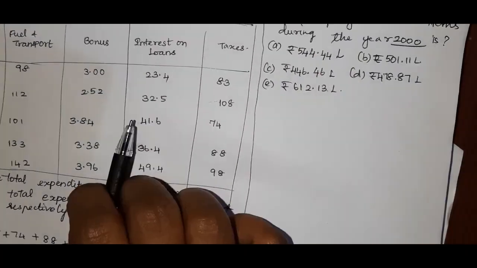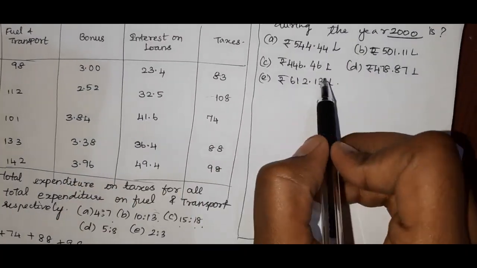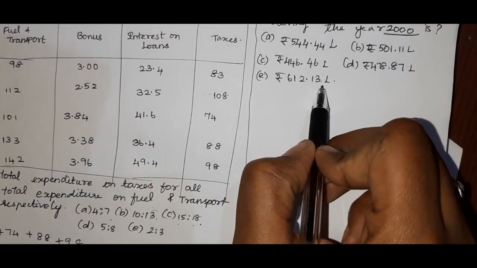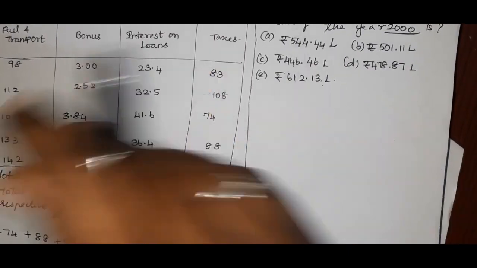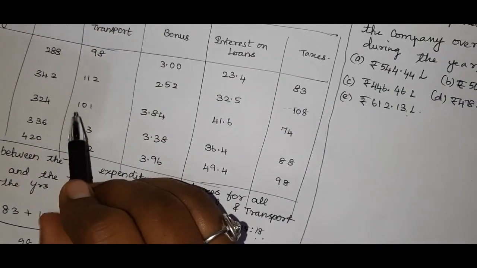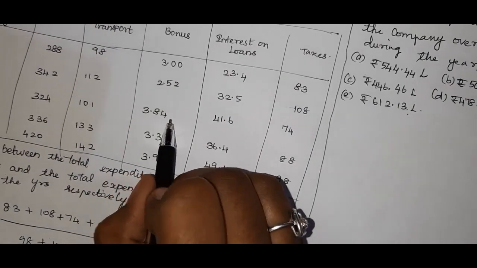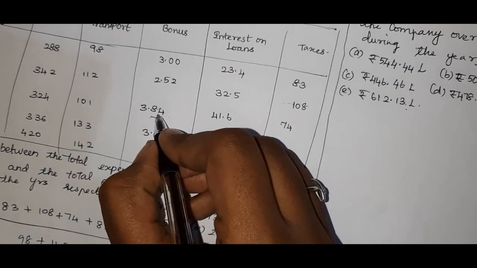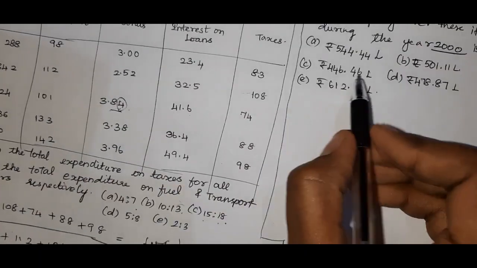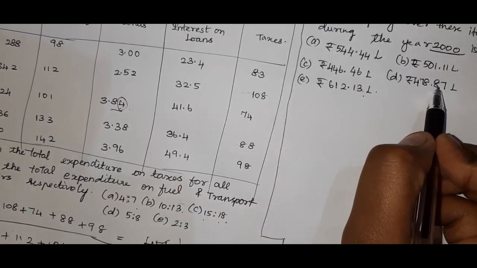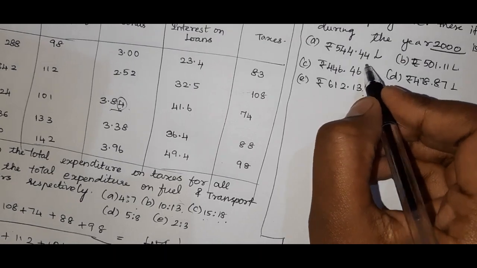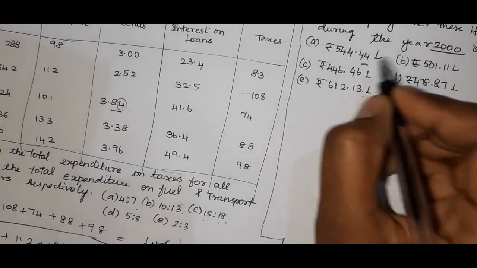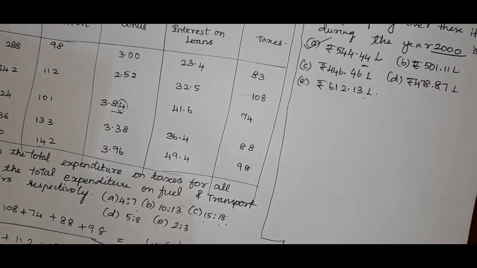By having the last digit values from the answer, we can almost guess the answer within 2 seconds. How? After this point there is 84 and 41.6. So we have the 84 value, so the last digit must end with 4. So we can surely tell that this is the answer. Okay. So option A will be the answer.